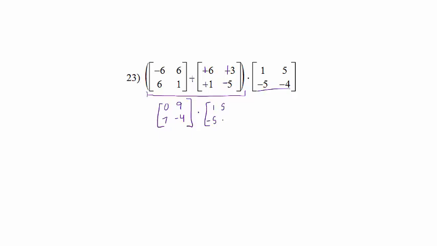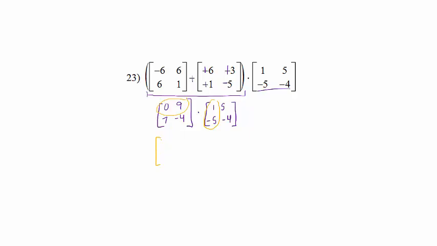Now, matrix multiplication is most often not something people are a fan of because it's a little bit on the complicated side. So let me walk you through it. We want the rows of the first matrix and the columns of the second matrix. So I'm going to look at the 0, 9 and the 1, negative 5.